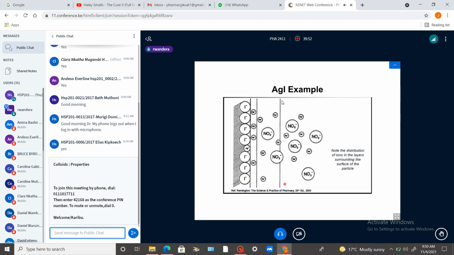And finally, in the bulk of your medium, where the solution is, you'll also have an equal number of sodium and nitrate ions moving freely in solution to counterbalance the charge, so that your colloidal dispersion is electrically neutral.